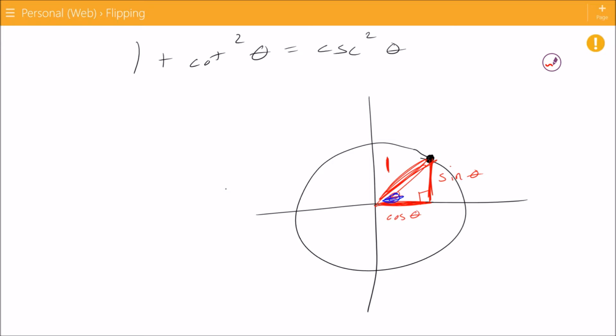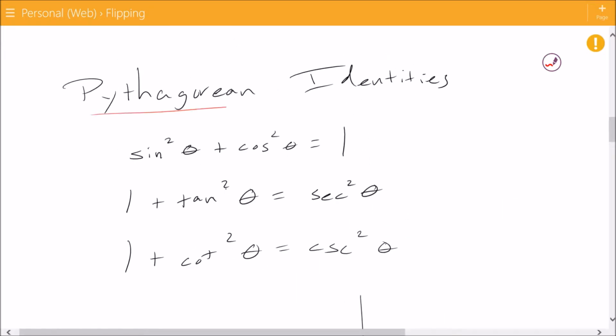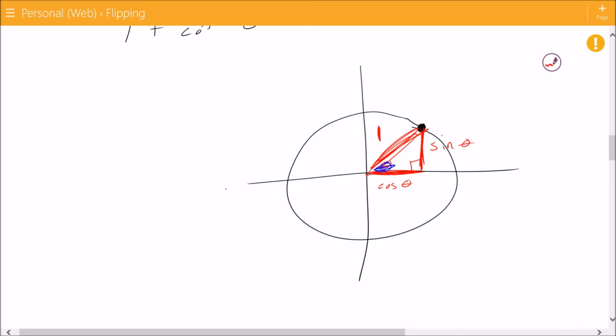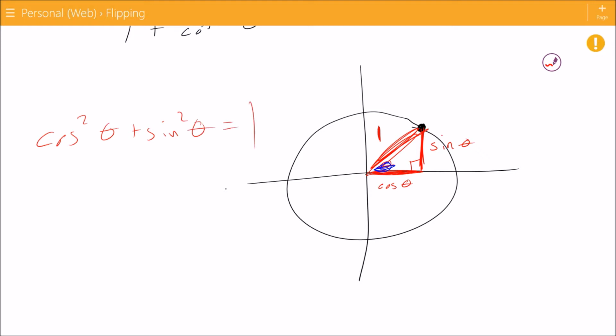So really what we've got here, going back to this whole idea of Pythagorean identities, is that cosine squared of theta plus sine squared of theta is equal to 1, because this is your x squared plus y squared equals 1.